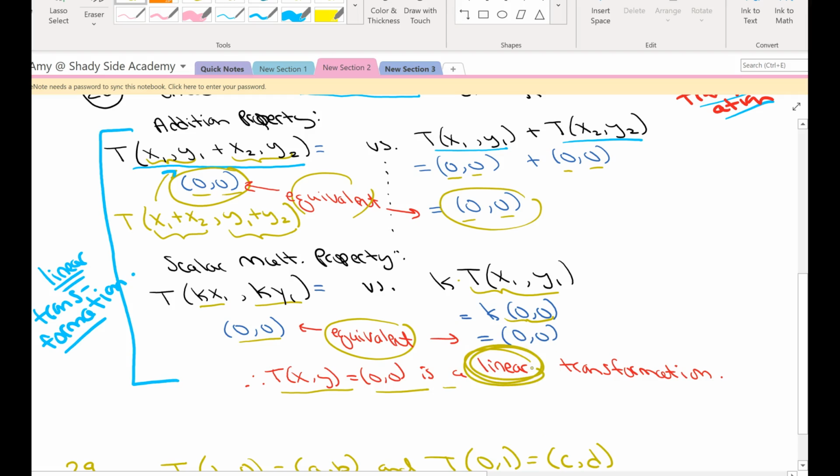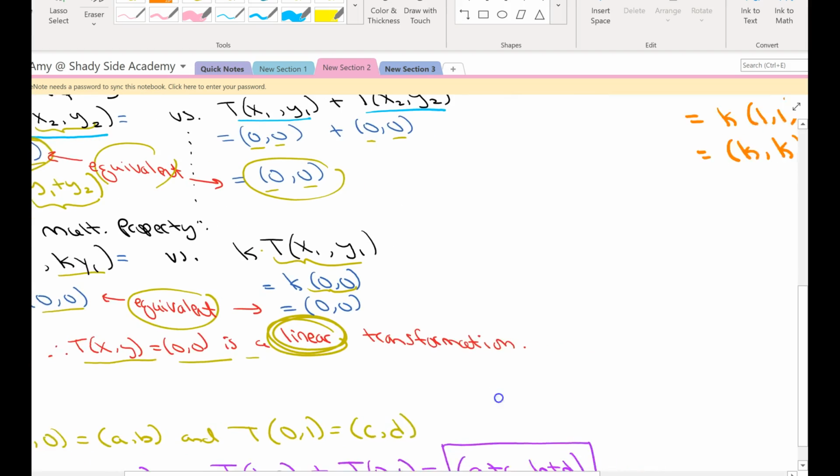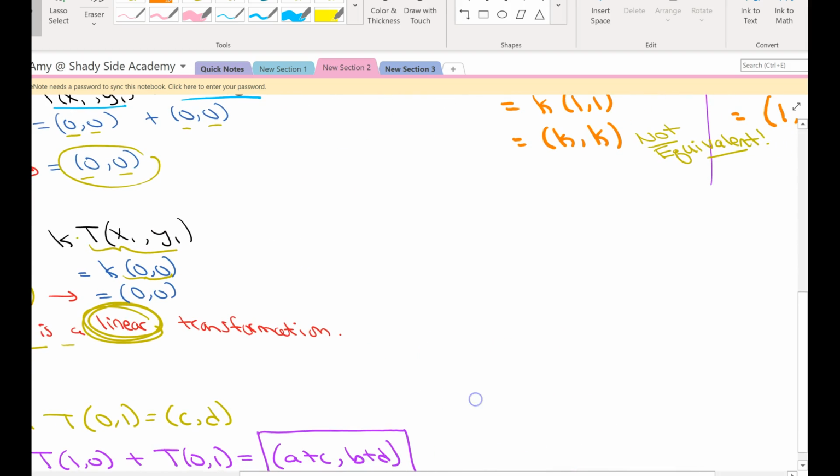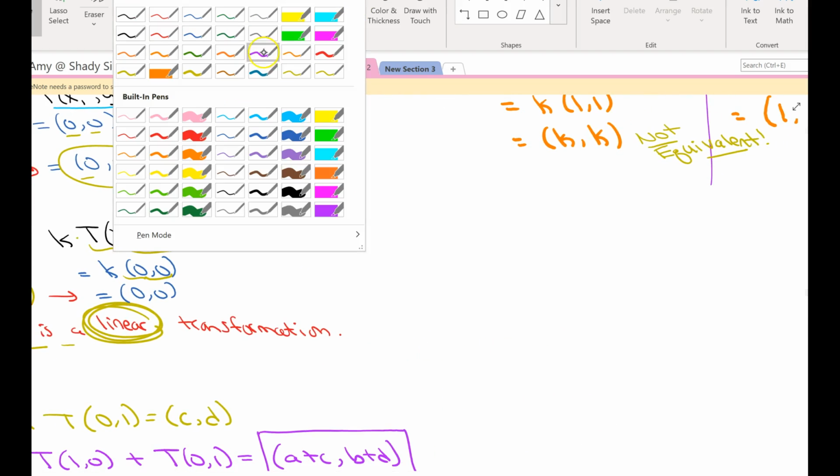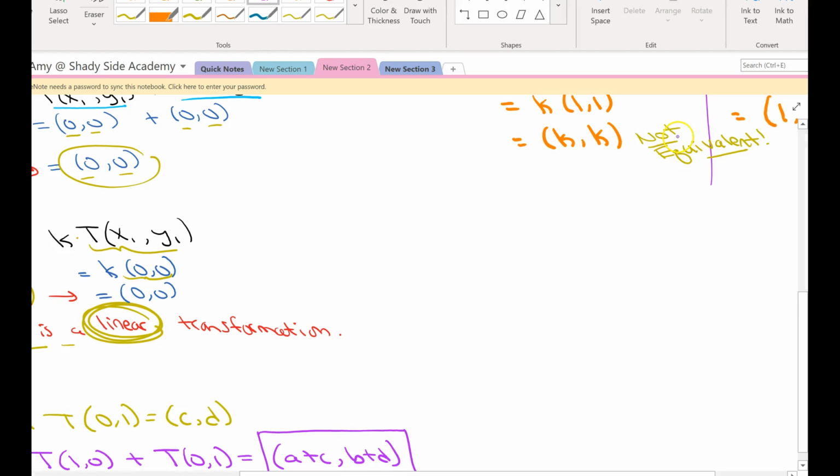I have not shown yet that it is also a matrix transformation. Remember, all matrix transformations are linear transformations, but not all linear transformations are matrix transformations. A matrix transformation is a transformation that could be expressed like this. So I'm going to do a little recall. Ignore what's up here for a second.